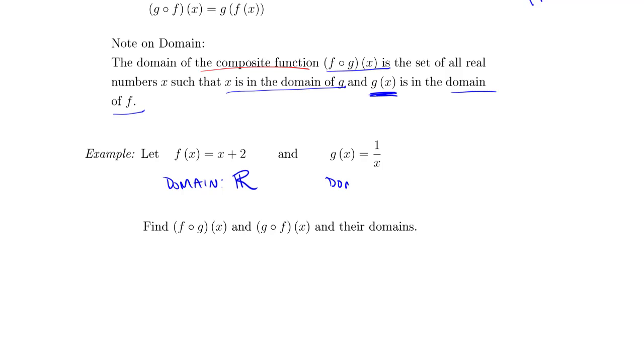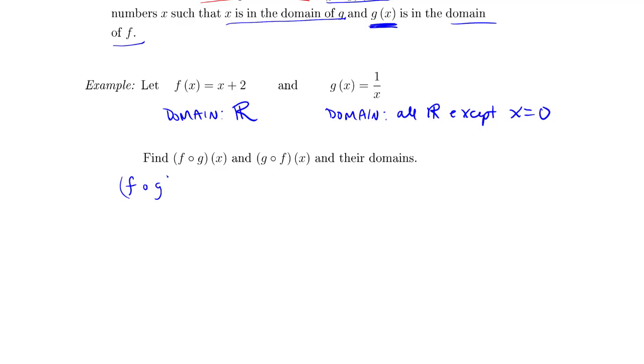G of x, its domain, well, we have the x in the denominator in this rational function, so that's going to be all real numbers except x equals 0, because I can't let x be 0 there. Okay, so now let's build the functions we were talking about.